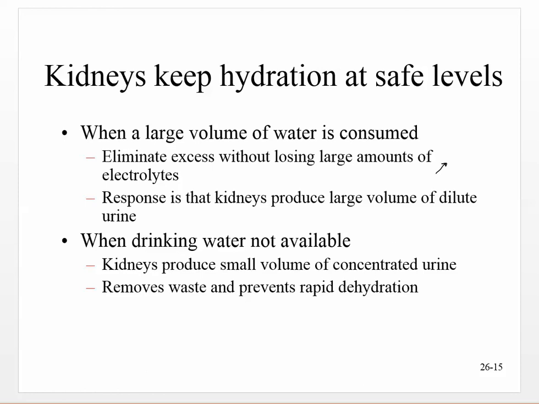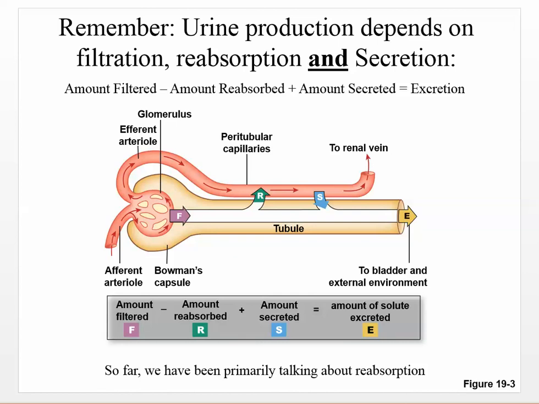Okay. All right. So one thing that we haven't talked about is secretion. So we know what filtration is, so things are moving through filtration. So let's say we have 100 per minute, I don't know, whatever, milliliters, milligrams, whatever.